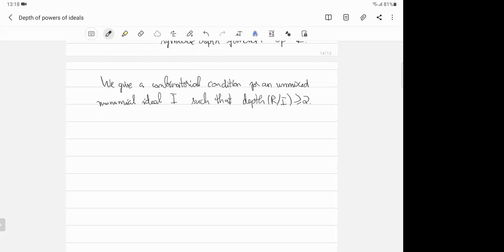So for that we will give the condition in terms of the degree complexes.